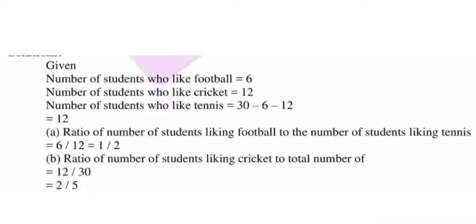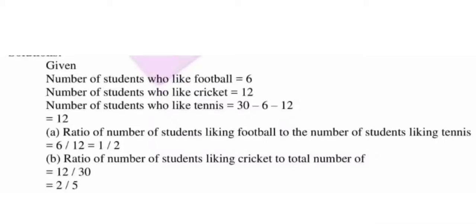So number of students in the class, this is 30. Number of students liking football, 6. Number of students liking cricket, 12. And number of students liking tennis, that is 30 minus 6 plus 12 means 30 minus 18. So it will come 12.